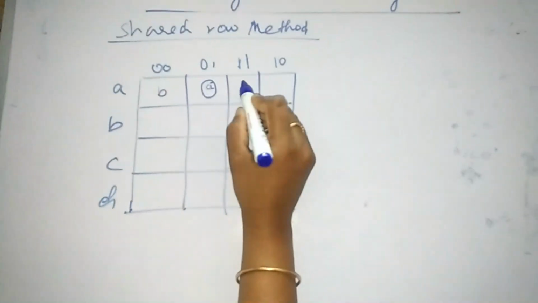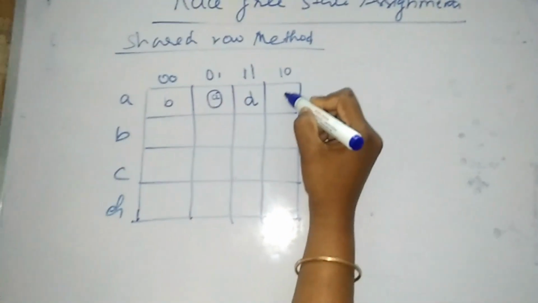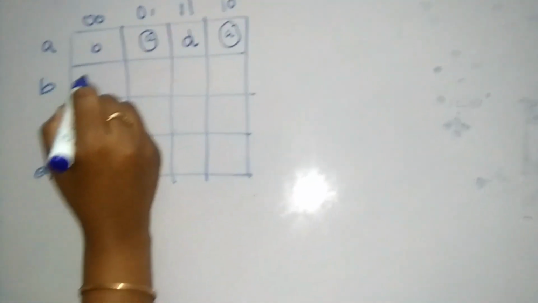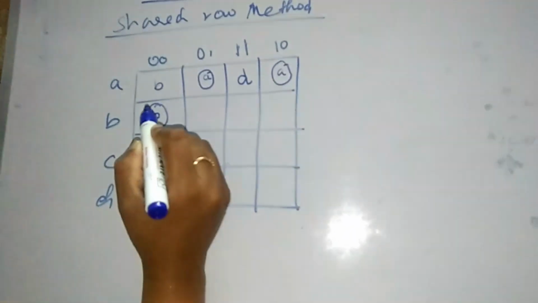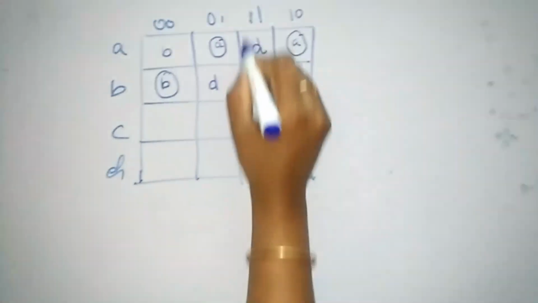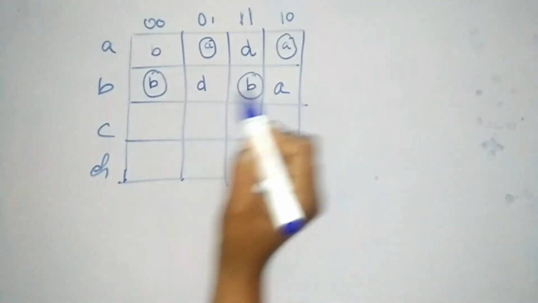A, when it is 1 1, is going to the state D. A, when it is 1 0, is going to the same state, so I'll circle it. B, when it is 0 0, is going to the same state B. B, when it is 0 1, is going to D. And B, when the input is 1 1, is going to the same state B. And here it is A.